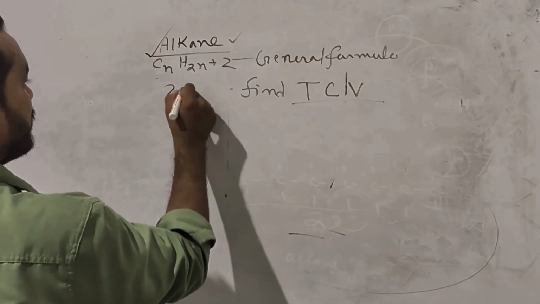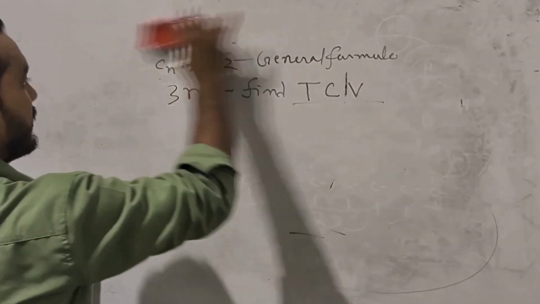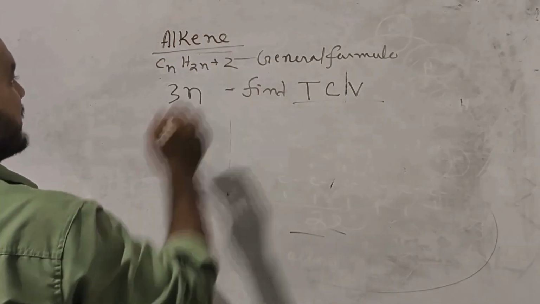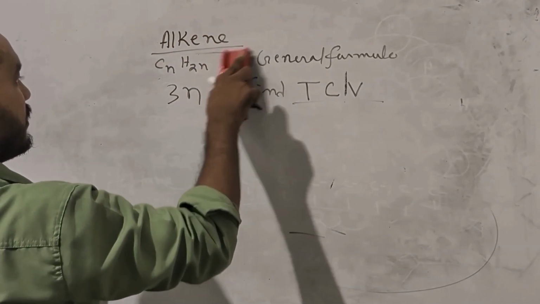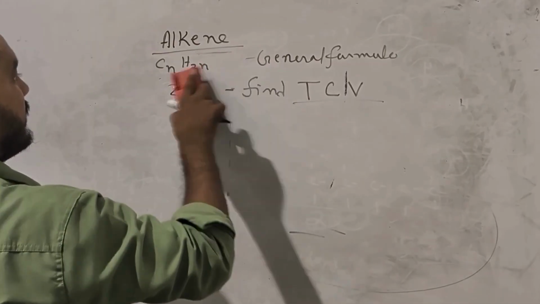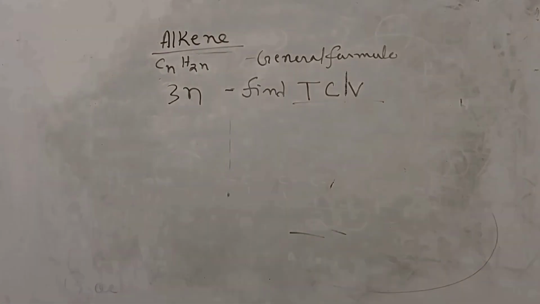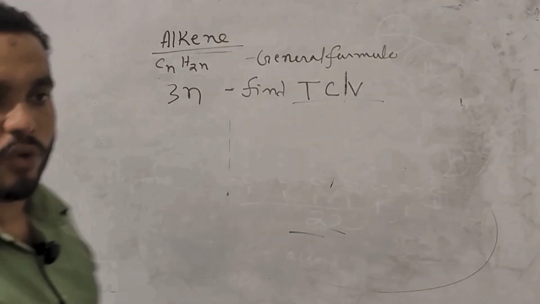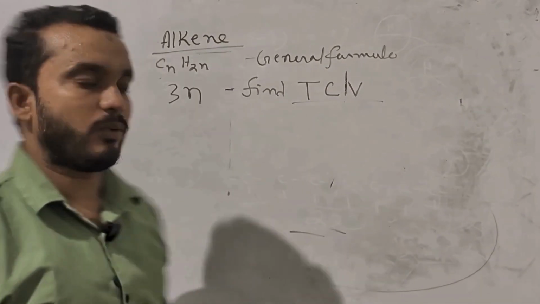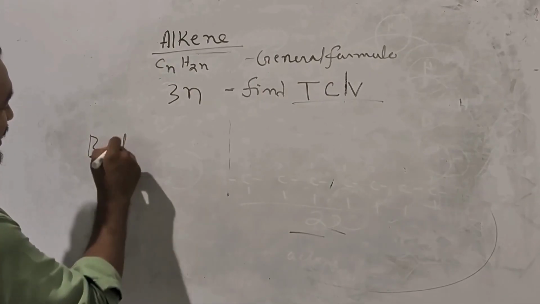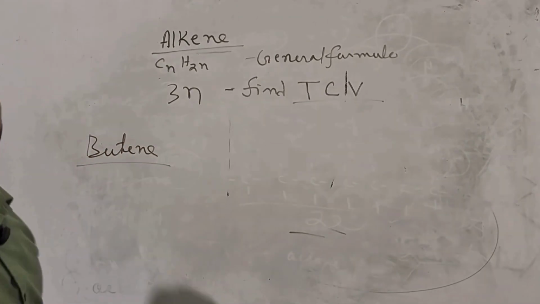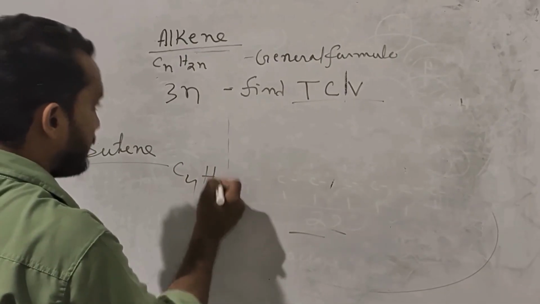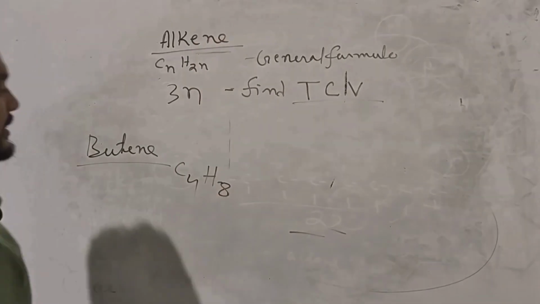We use only 3n. The general formula of alkene is CnH2n. Suppose in the exam they ask to find the total covalent bonds of butene, B-U-T-E-N-E. Butene means 4 carbon. That means the formula is C4H8. Because it is alkene, it will have a double bond.